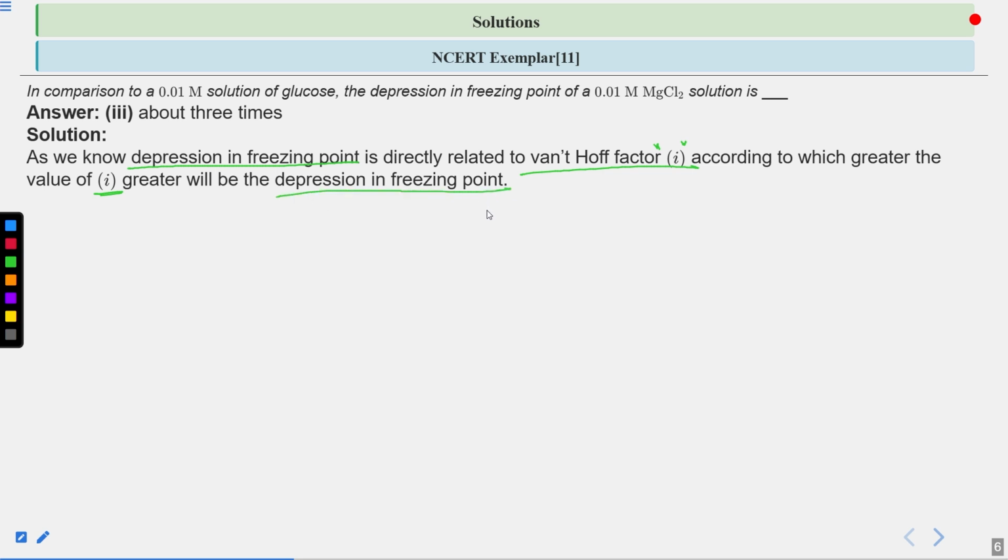This is the simple relationship we will use. The question asks about the depression in freezing point, which is directly related to the van't Hoff factor, small i. If the van't Hoff factor is greater, the depression in the freezing point, the temperature drop, will also be greater.